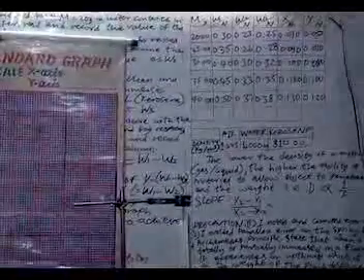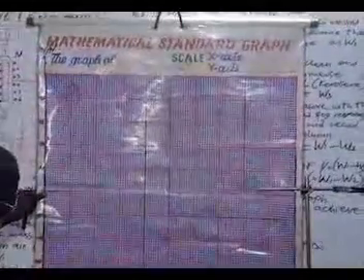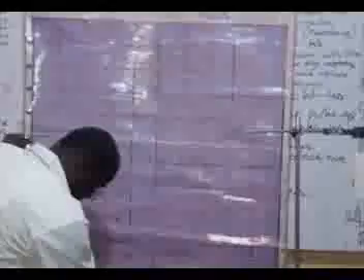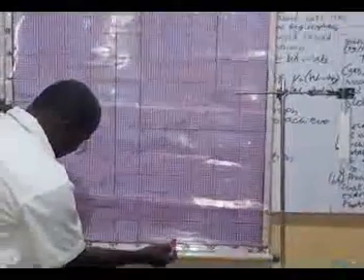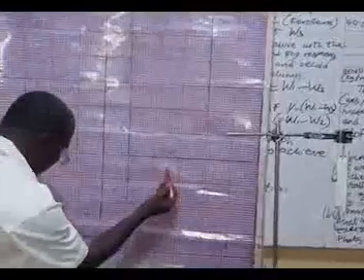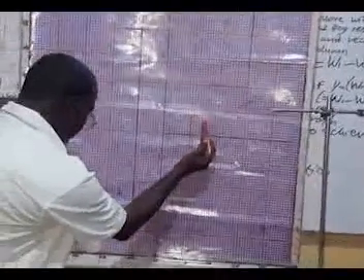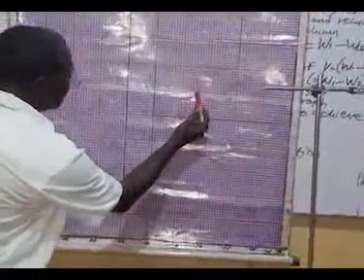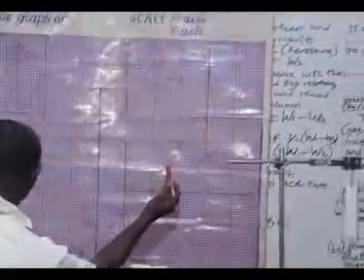The last one is 0.12 against 0.13. This is 0.12 on the vertical axis. This is 0.13 on the horizontal axis. Trace it up until you get to 0.12.